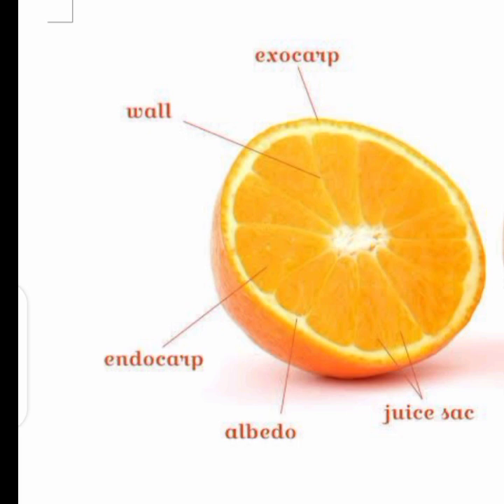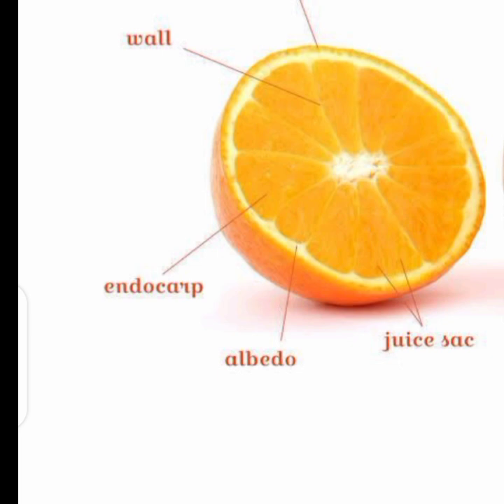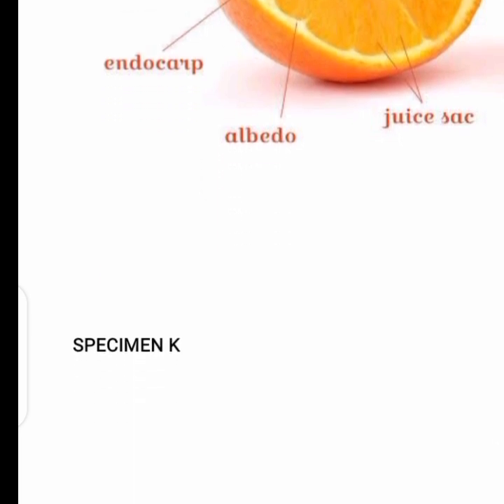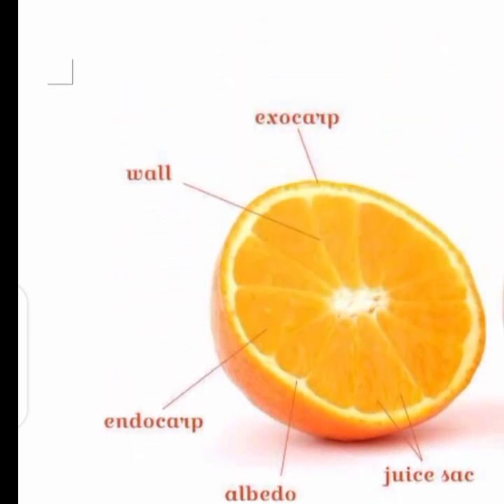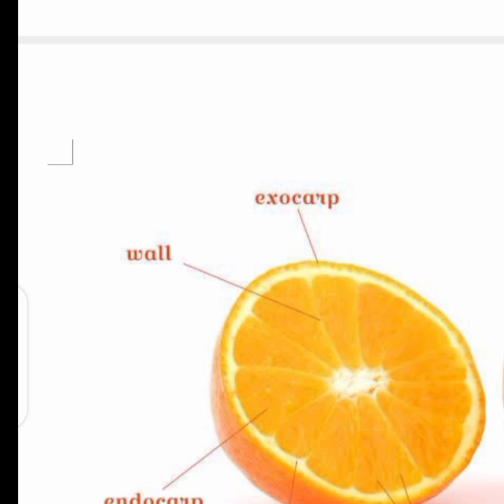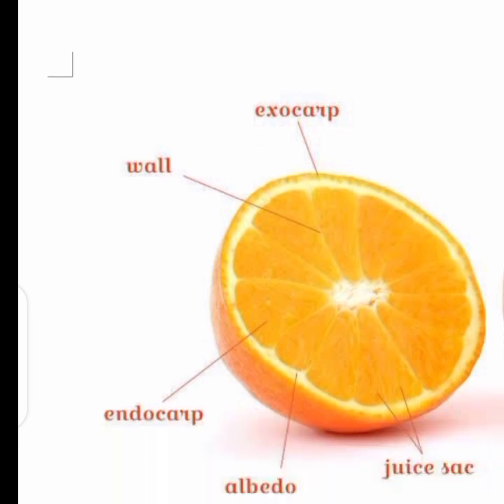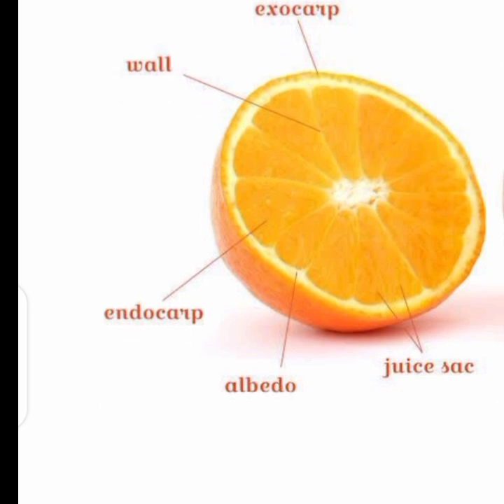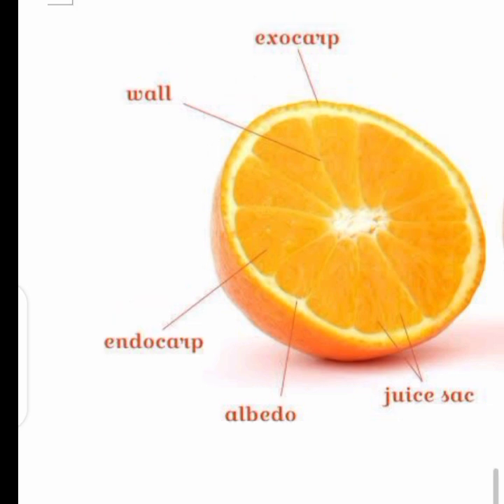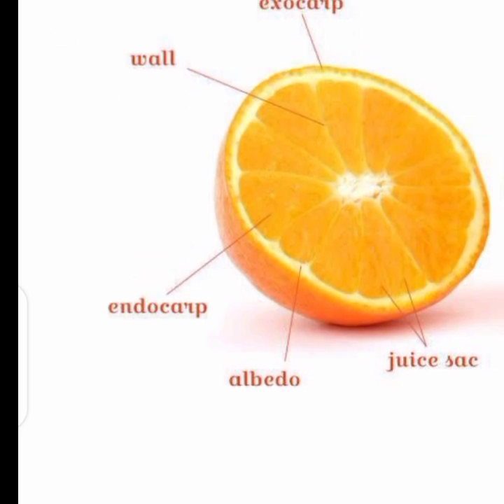They call them pips. Then the nutritional features: it contains vitamin C, essential for immune function and skin health. It contains antioxidants, and it contains fiber. Oranges are a good source of dietary fiber. Then the biological features: reproduction.